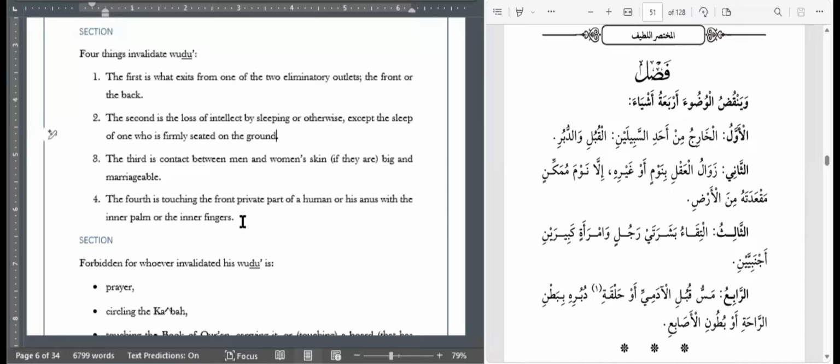What if someone was so constipated and his feces was hard, not soft, and then it came out, but not all the way out? This won't break the fast. But then what if he on purpose made it go back in, because it's hard, so he was able to make it go back in? This will break his fast, if he did that on purpose.